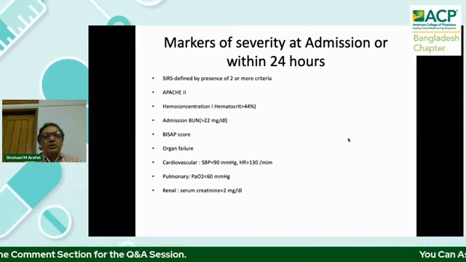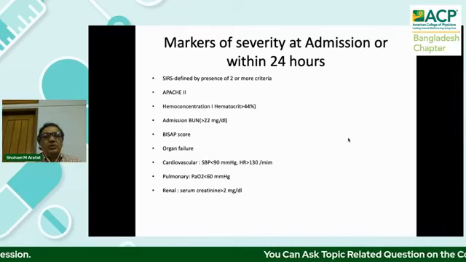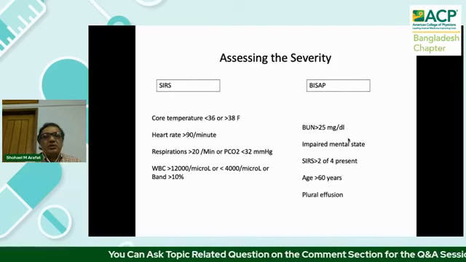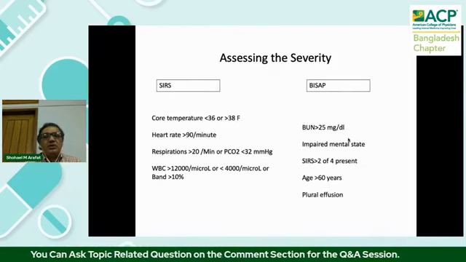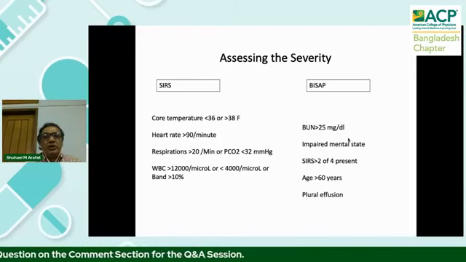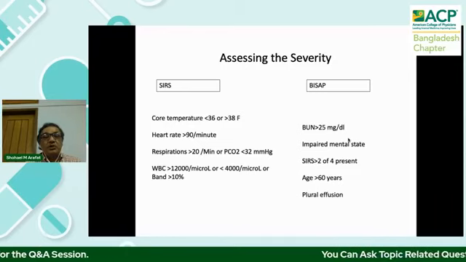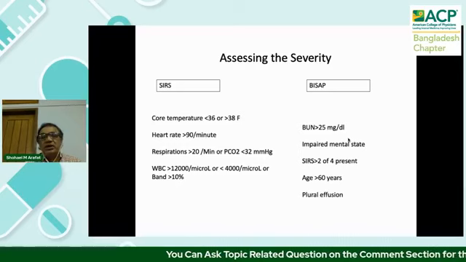Thus, within the first 24 hours, we should score the patients with different tools and calculators. All of us know that SIRS is basically 4 points: core temperature, heart rate, respiratory rate, and white cell count, which might be raised more than 12,000 or less than 4,000. Both ways, this is a danger for our patients.